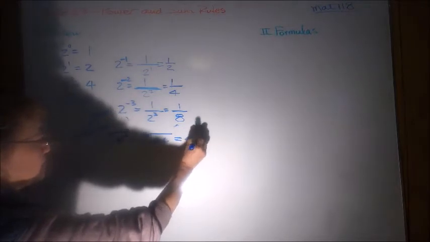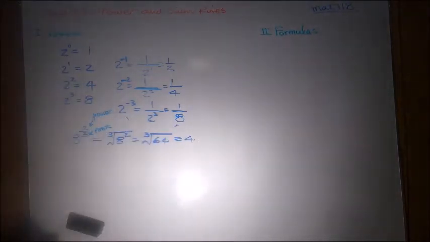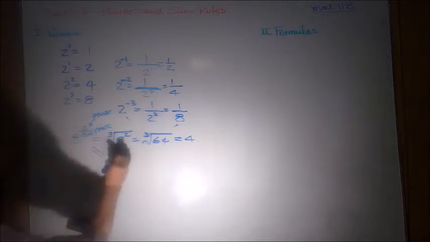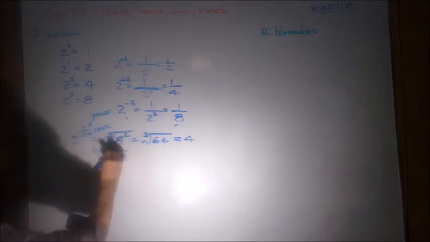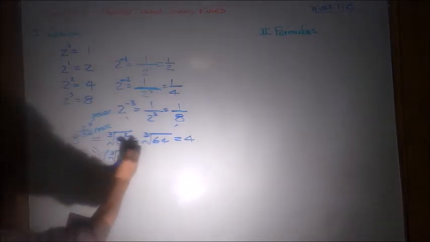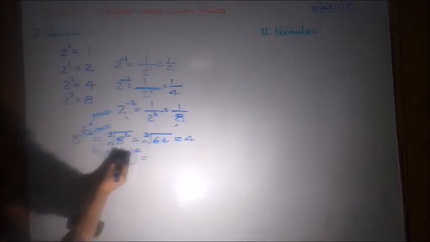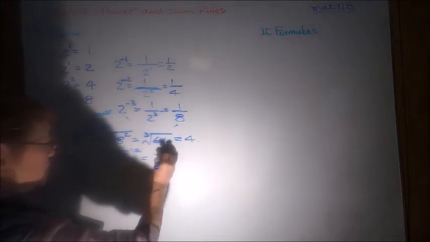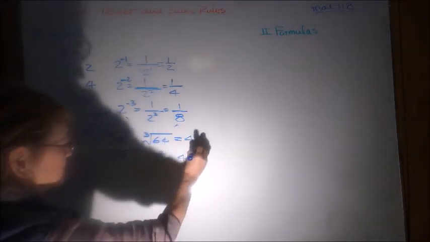That's 4, right? How do you use a calculator to do it? Okay, let's say this one first. Or we can do the root first, right? Then you do the power. Then the cube root of 8 is 2. 2 squared would be what? 4. Are they the same?